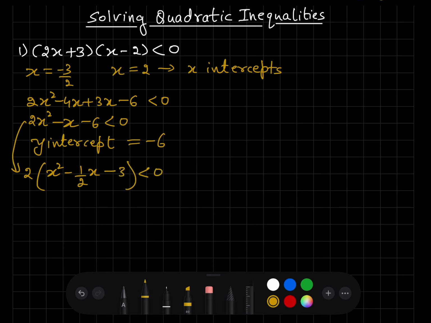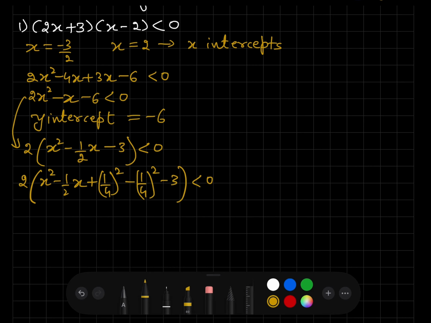Now in the parenthesis I have to do the completing the square step. The coefficient of x is 1 by 2. We halve the coefficient of x. Half of half is 1 by 4. So we add 1 by 4 squared and subtract 1 by 4 squared, and minus 3. This is the step we do.